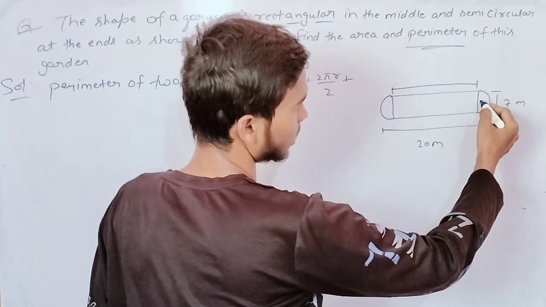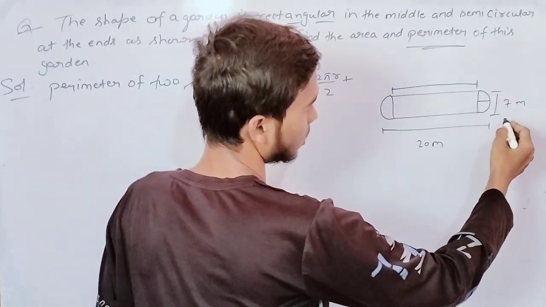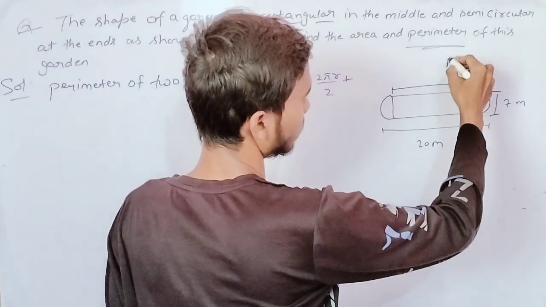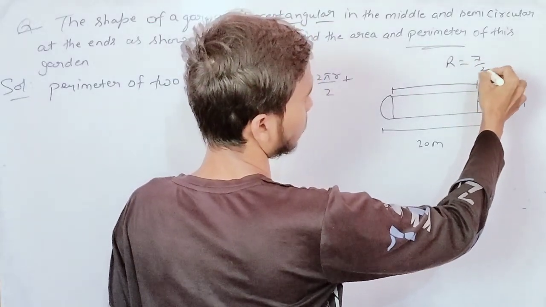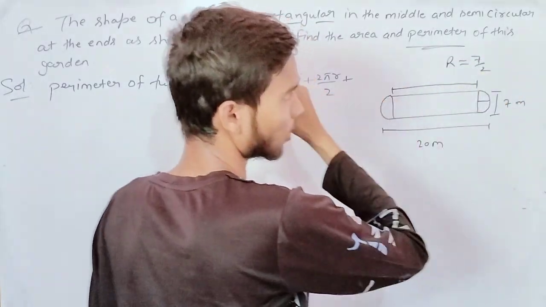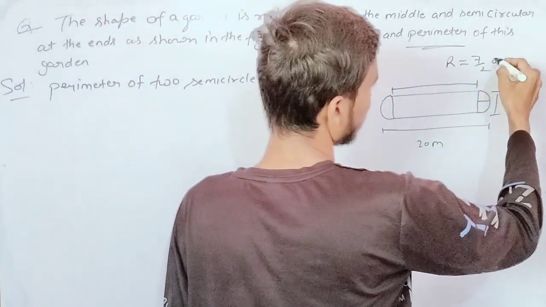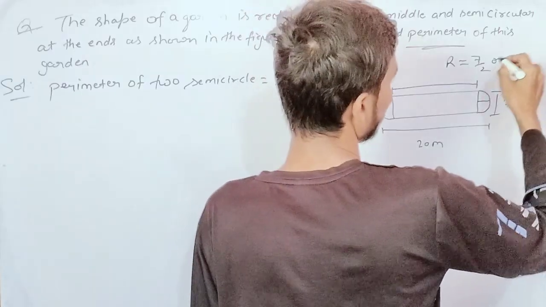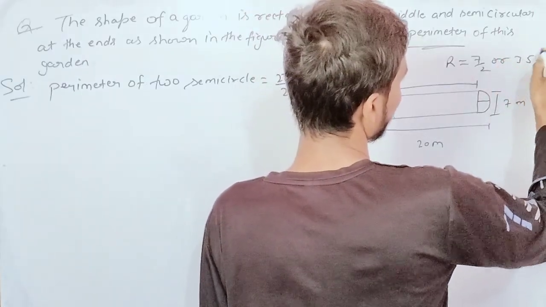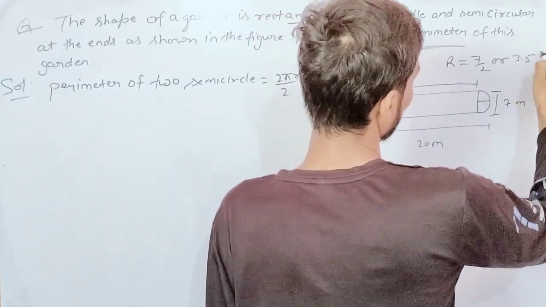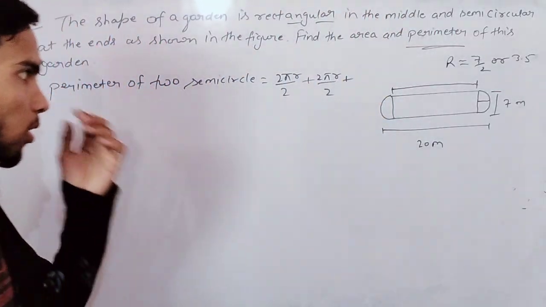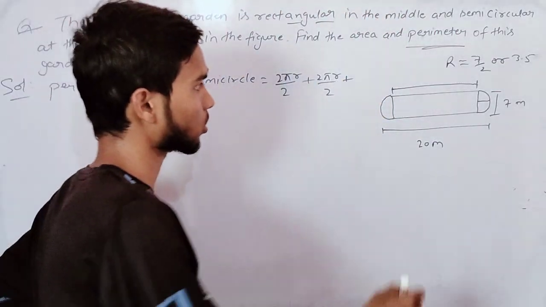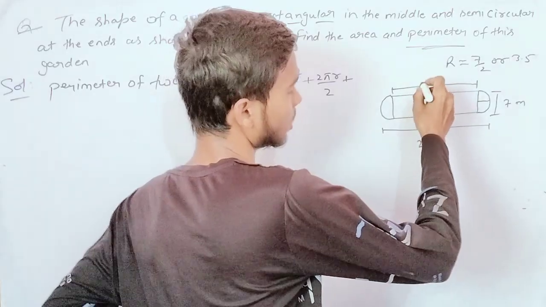So of course we can say that the radius would be 7 upon 2, or you can say 3.5.